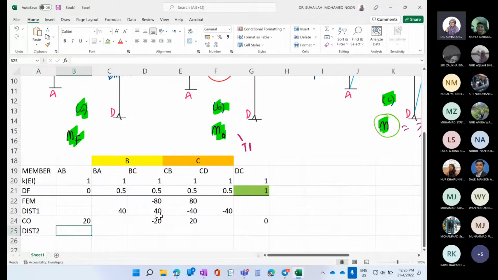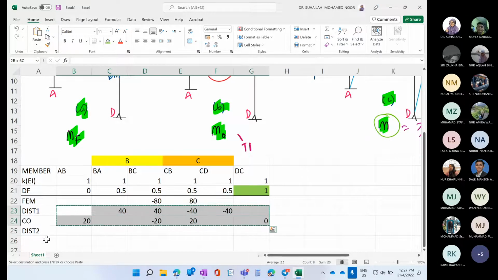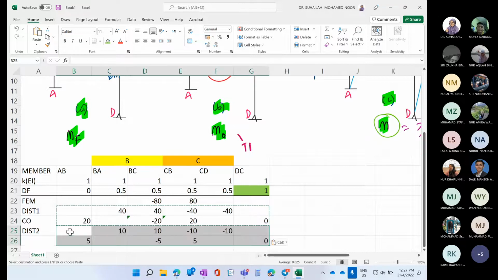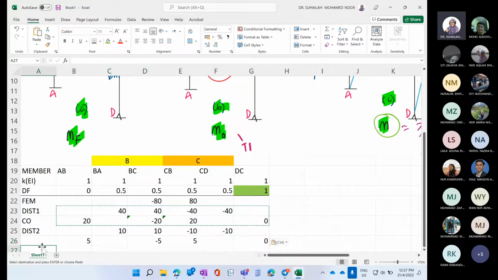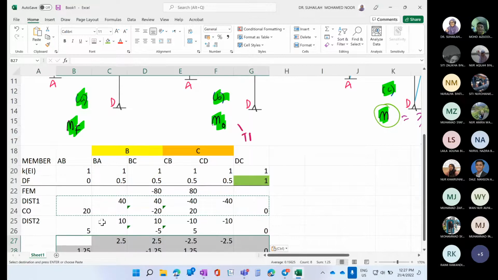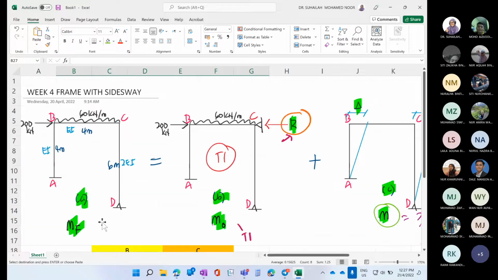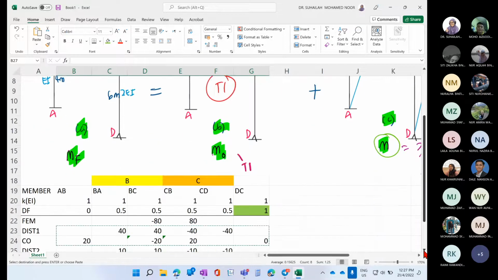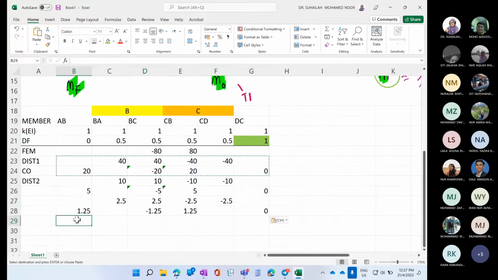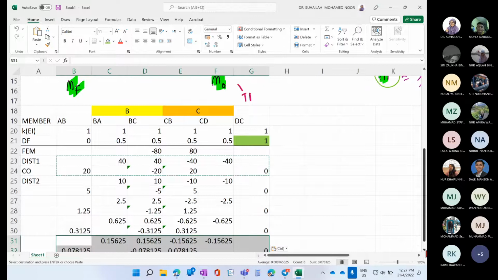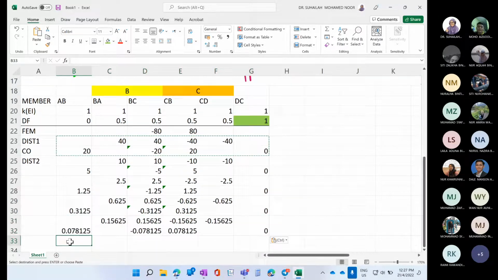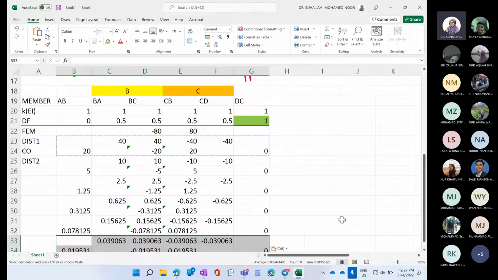This one is easy because the factor is equal, so just copy this. And then carry over.